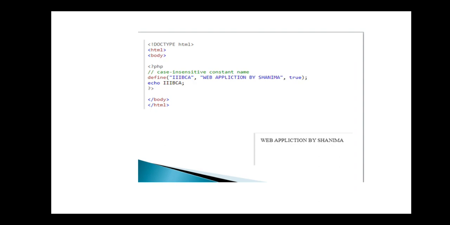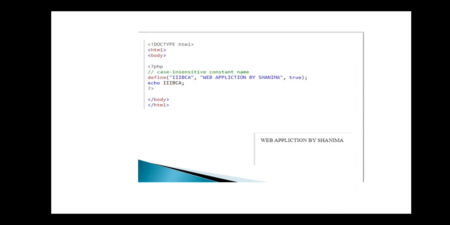Then I gave the name, that is third BCA. So third BCA is the name parameter. As the value I gave web application by my name.